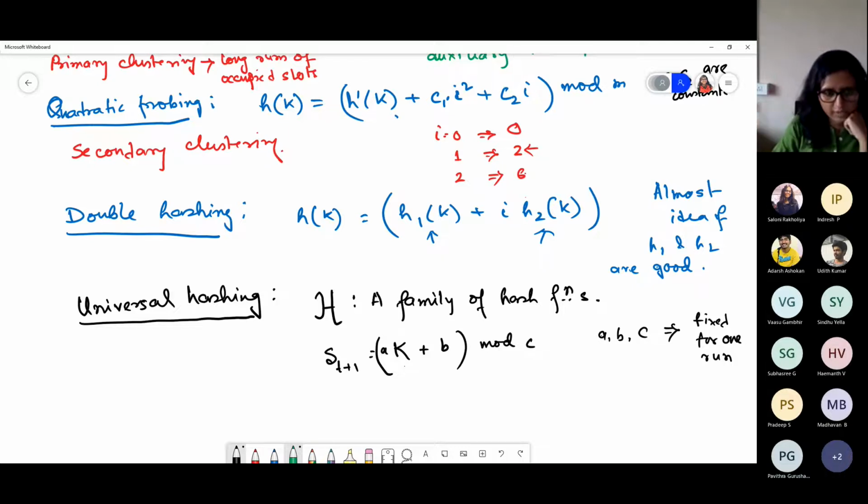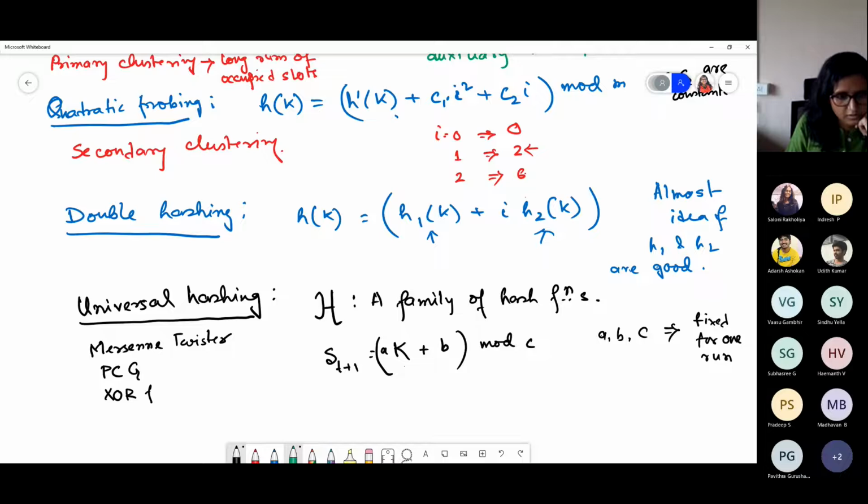Just like you may have heard of the Mersenne Twister family, linear congruential generator. This is one kind of family of generators. Then the XOR family is there, Mersenne Twister, PCG, then the Xor family. These are some kind of family of random number generators.